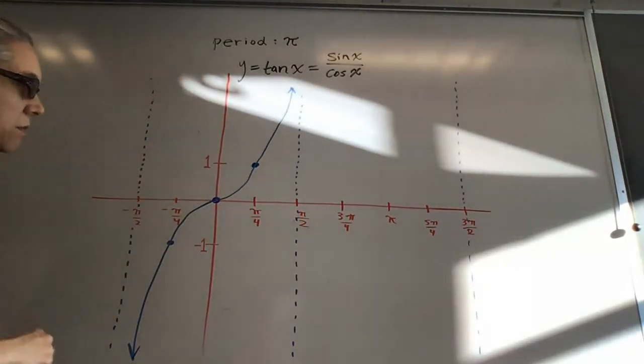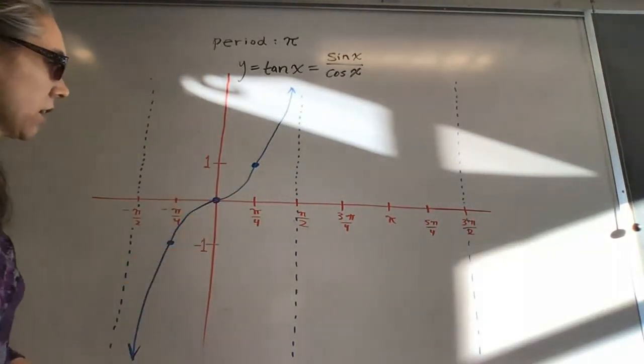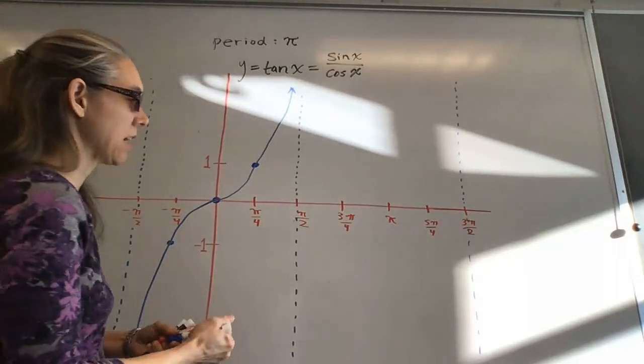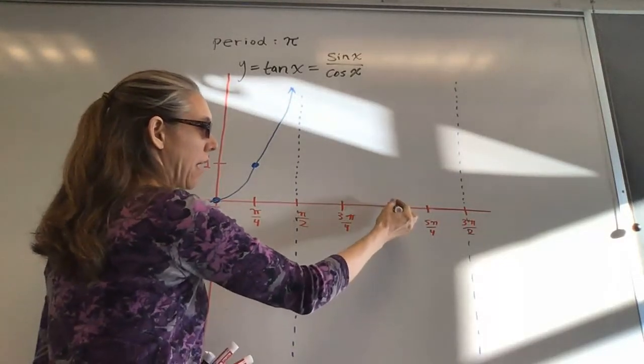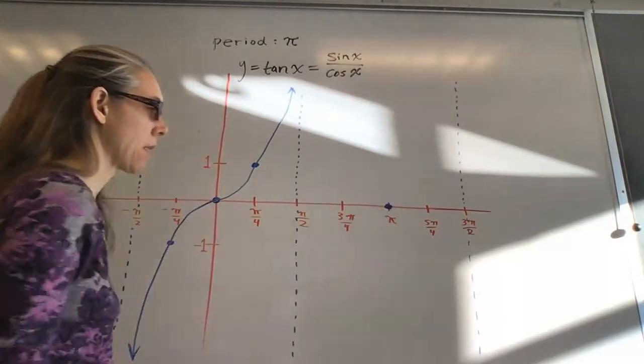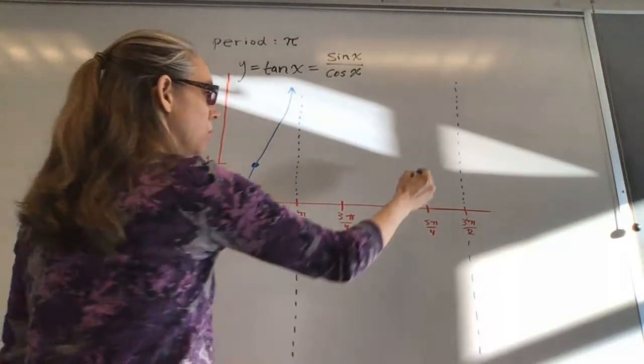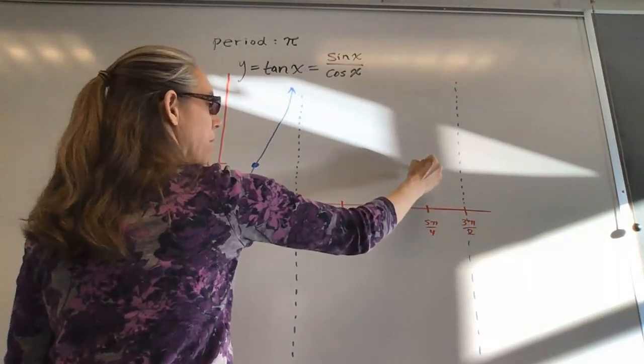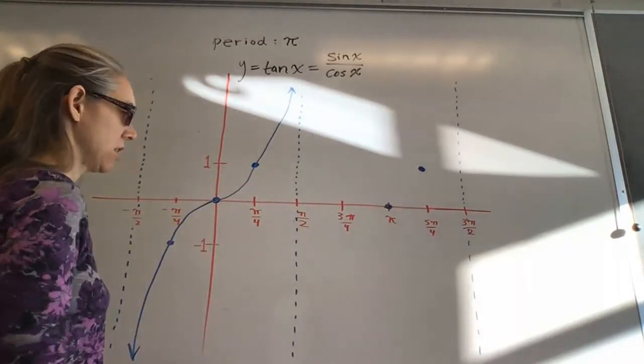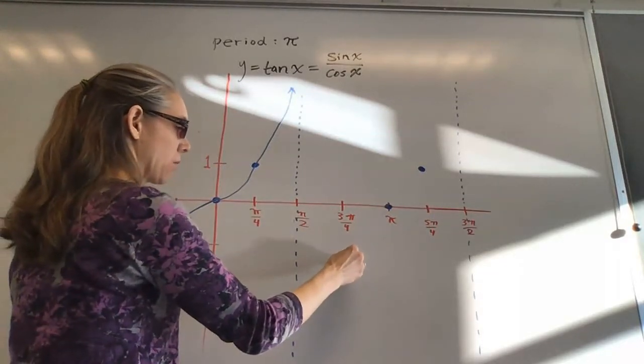So we're going to repeat this process again. Over here, we have tangent is equal to 0 at pi. Tangent is equal to 1 at 5 pi fourths, and tangent is equal to negative 1 at 3 pi fourths.